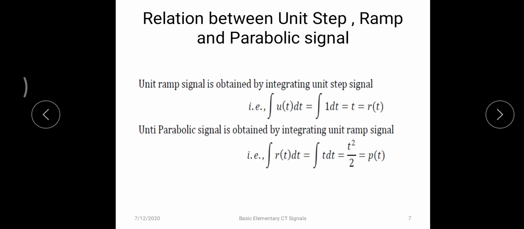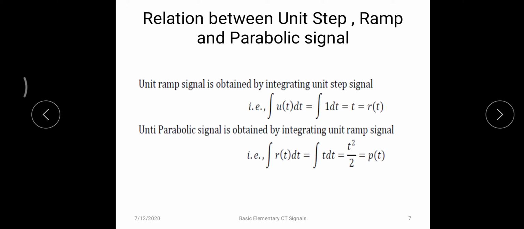Now first we will describe the mathematical relationship between the unit step, unit ramp and unit parabolic signals. We know that u of t is 1 for t greater than or equal to 0. If I integrate 1, I will get t. So t is your ramp signal. It means I can conclude that if I integrate the unit step signal, I get the ramp signal. And the reverse is also possible.